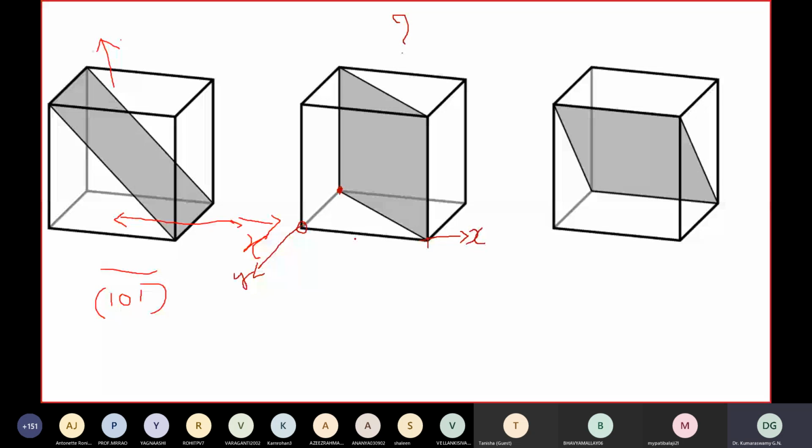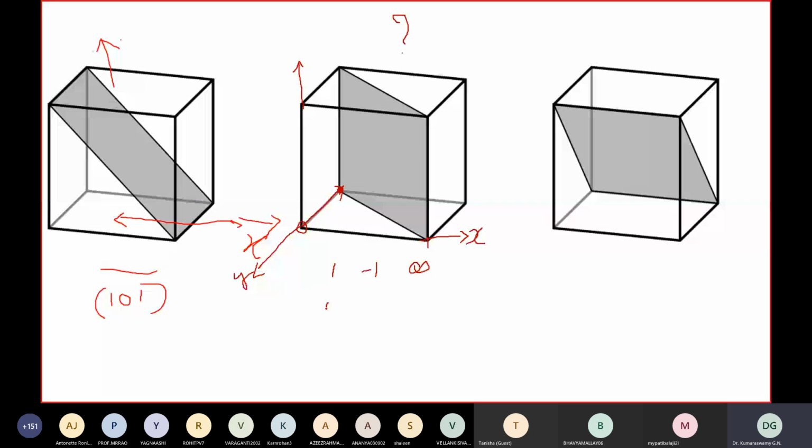Okay. So this cuts the x-axis at 1A and this cuts the y-axis at minus 1B. This is positive y-axis, this is negative y-axis, minus 1B. And it never cuts the z-axis. It is always parallel to the z-axis. So we get x-axis intercept 1, y-axis intercept minus 1, z-axis intercept infinity. In terms of ABC, I have eliminated ABC.